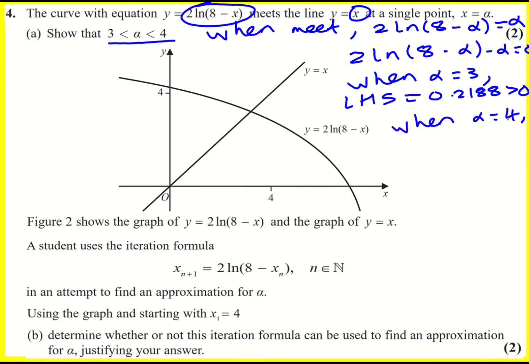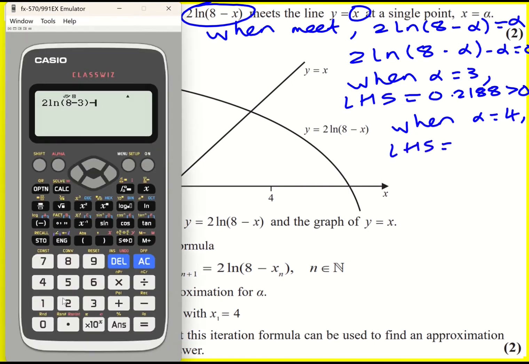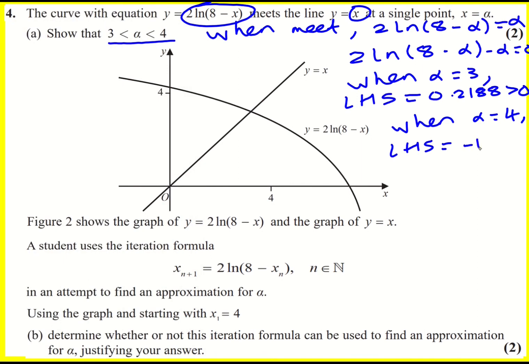When alpha equals 4, do a very similar thing. Change the 3's to 4's and we get minus 1.227. This is less than 0, so there is a sign change.